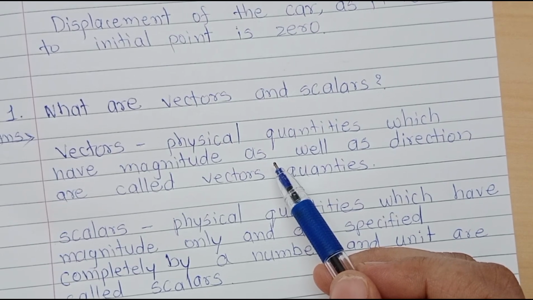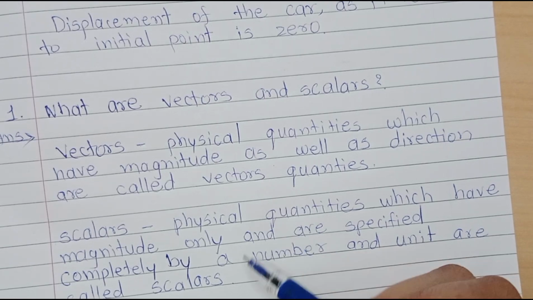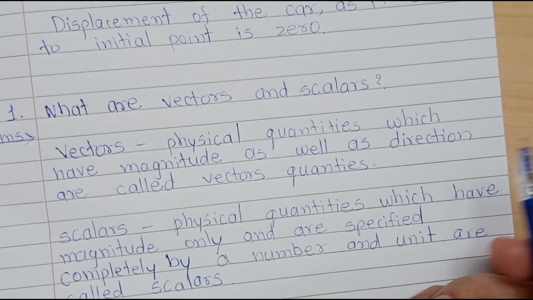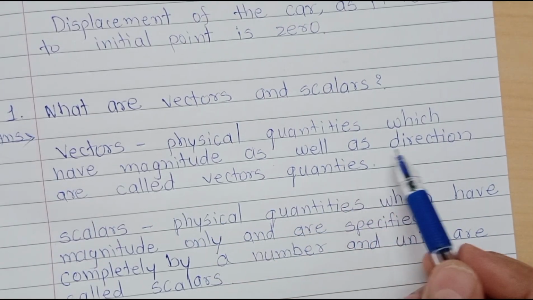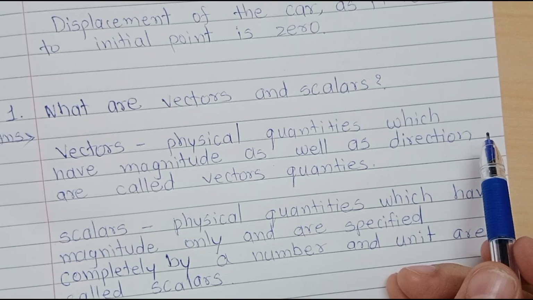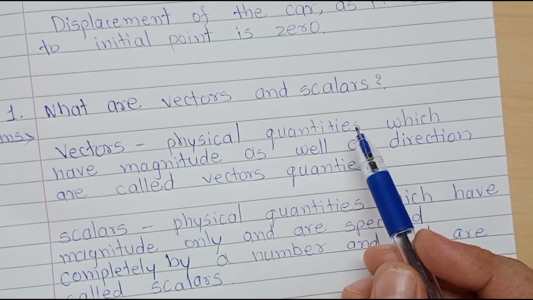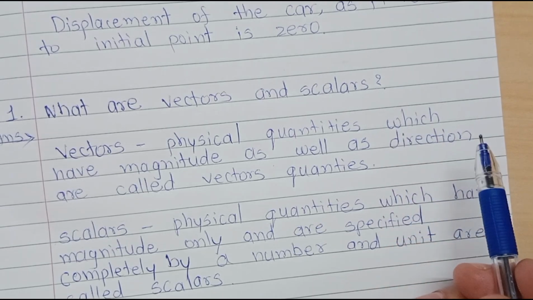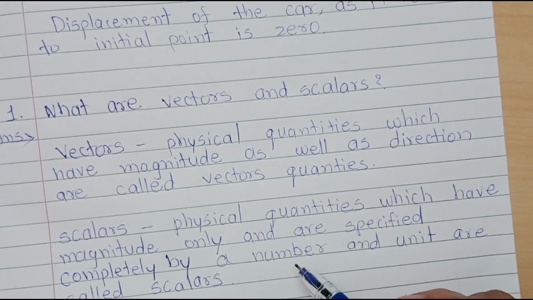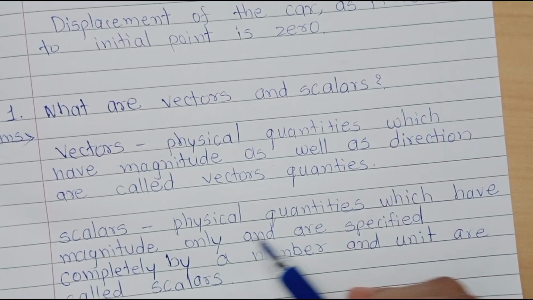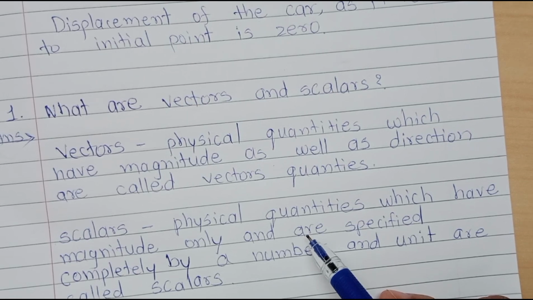Some of these physical quantities are vector quantities and some are scalar quantities. Those which have magnitude as well as direction are called vectors, and those which have only magnitude are called scalar quantities.